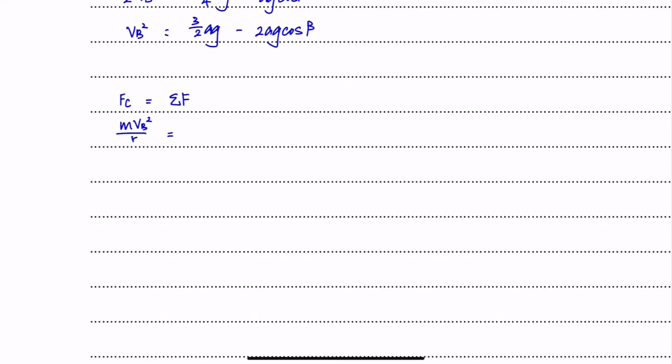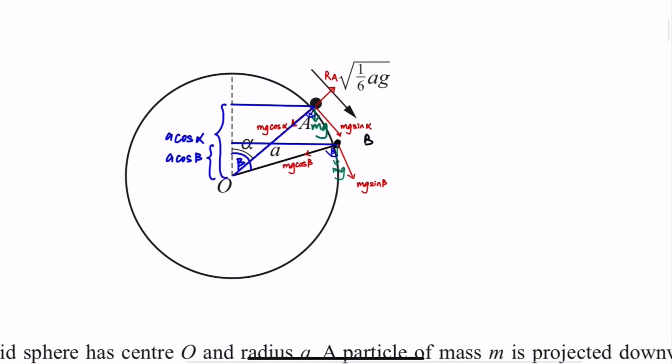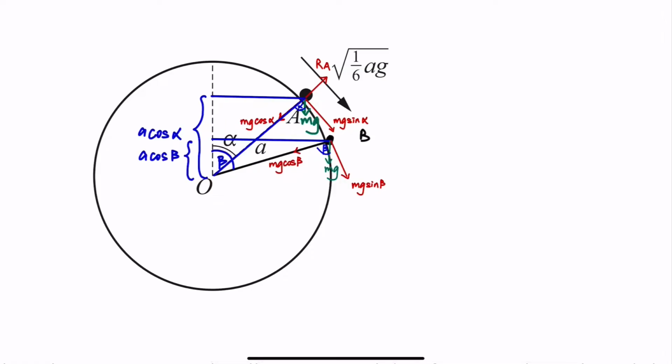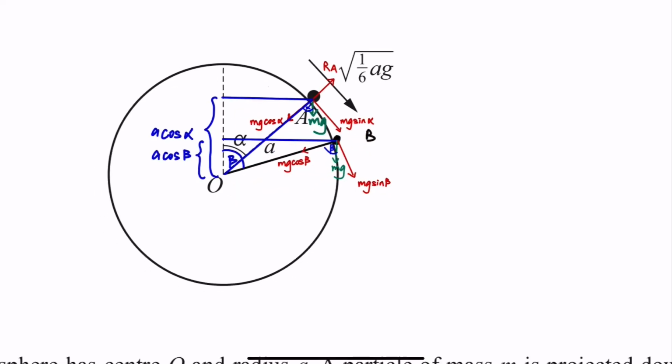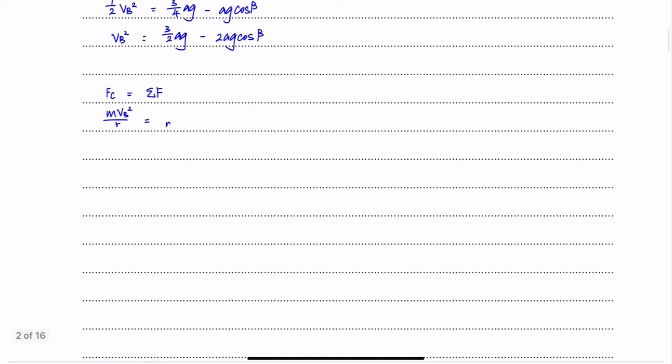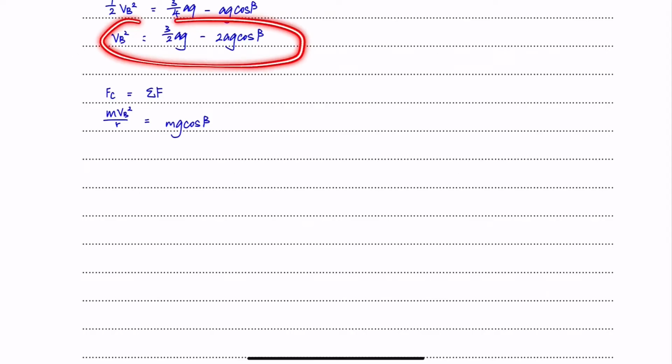So the net force at B, let's look back at the diagram. The net force at B towards the center of the circle is just mg cos beta, because there's no contact force over here, right? So the net force is just mg cos beta.